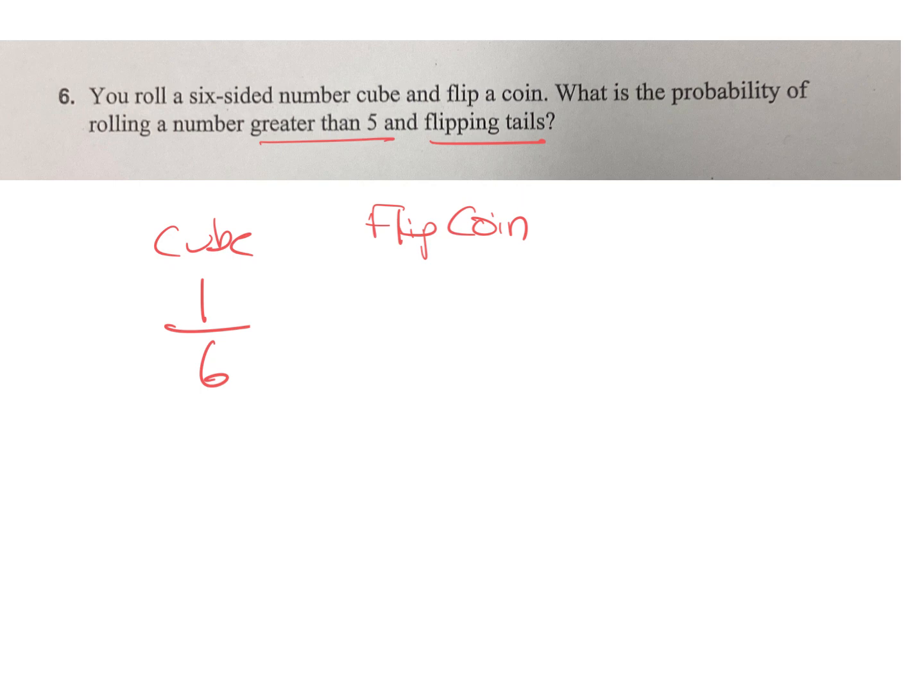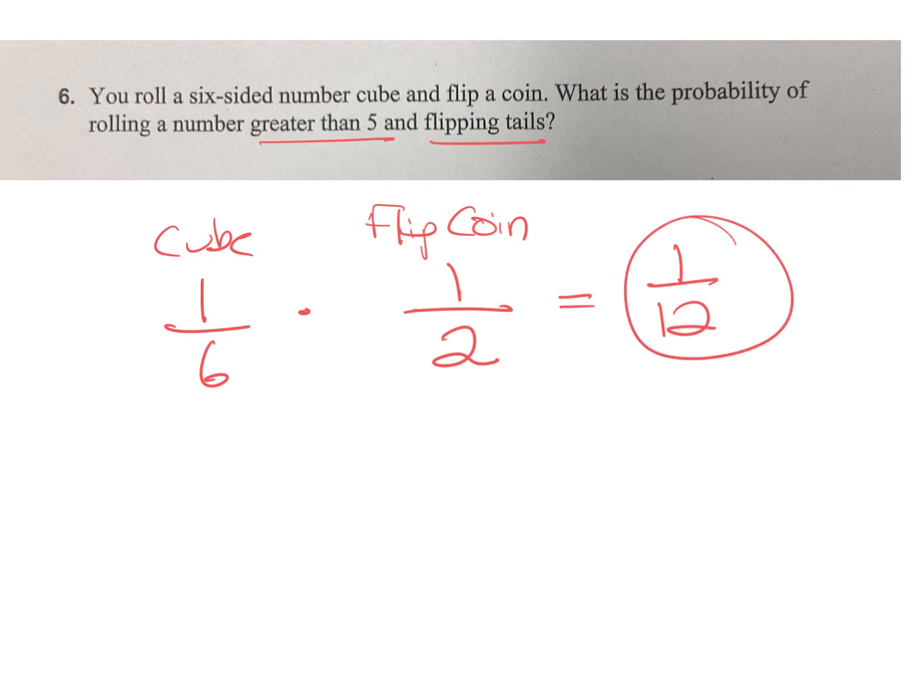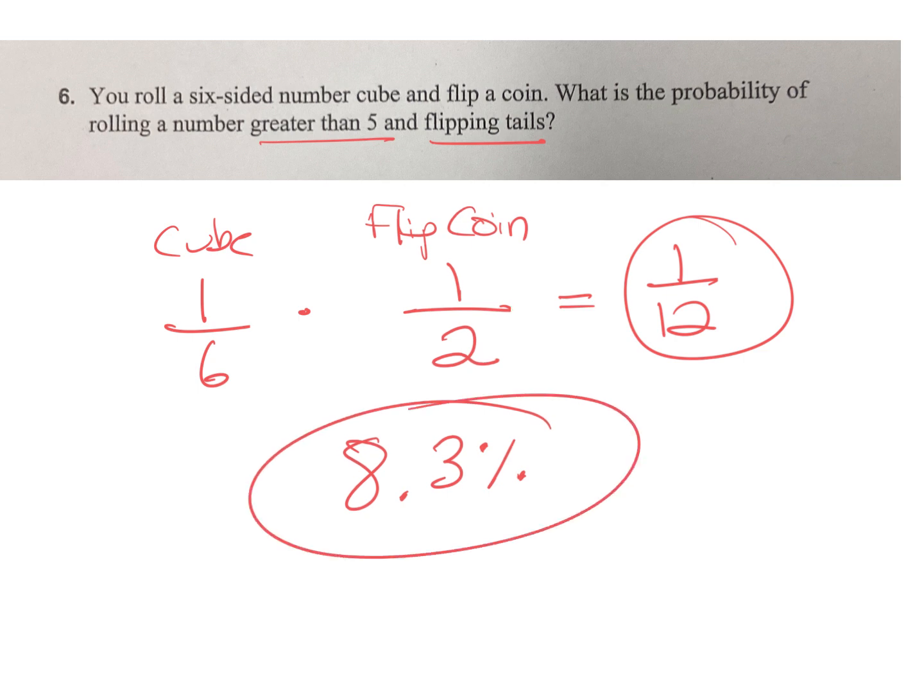And then flipping a tails, the total possible outcomes would be heads or tails, so that's 2. Flipping a tail is 1, so 1 out of 2. And then we're going to multiply these together. We get 1/12. And so the probability of getting a number greater than 5 and flipping a tails is 1/12. Now you could keep that as a fraction, or you could make it into a decimal or a percent, which is 8.3% chance of doing that.